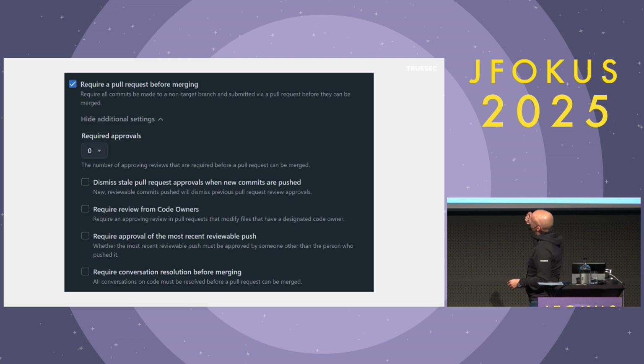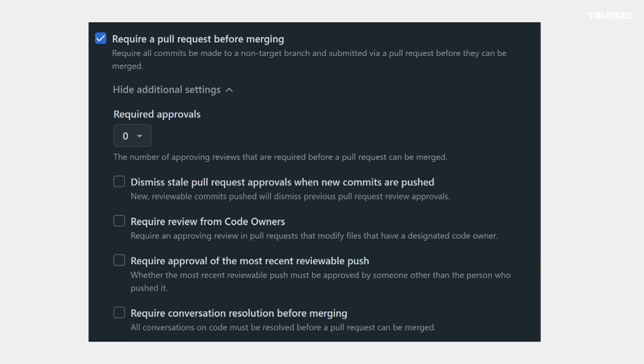First of all, you should require a pull request before merging. That might sound like common sense now because we're talking about this topic, but it's not a default setting. I've enabled it to get this screenshot. But all of the other checkboxes are also not enabled by default, meaning this is not secure by default. So you have to be very explicit to say that we need a couple of required approvals, maybe 1 or 2 or 3 people.